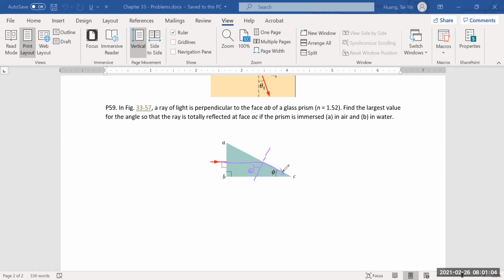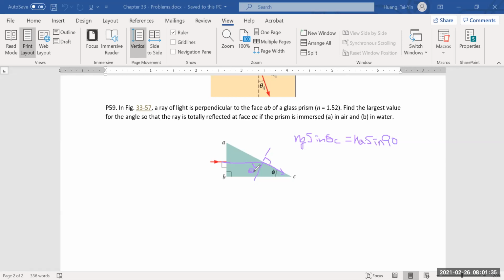Okay, so in that case, you can see that this is the angle of incidence and this is the angle of refraction. So you will apply Snell's law. You have to use n glass times sine theta c, and that's equal to n(air) times the sine of 90, because this is the case when total internal reflection occurs.